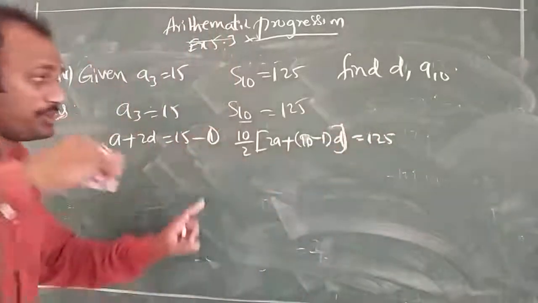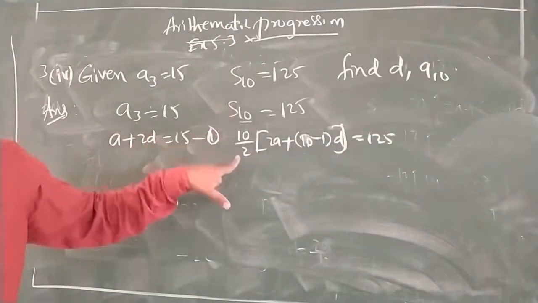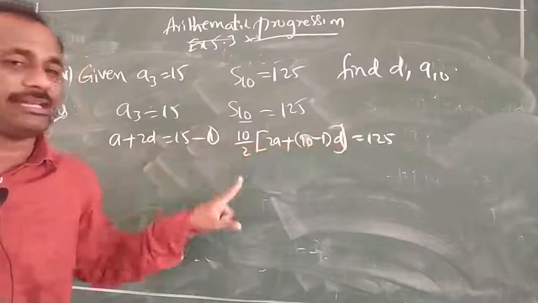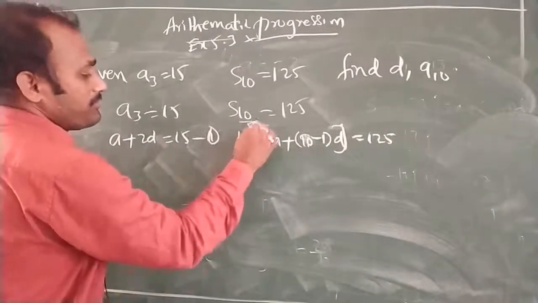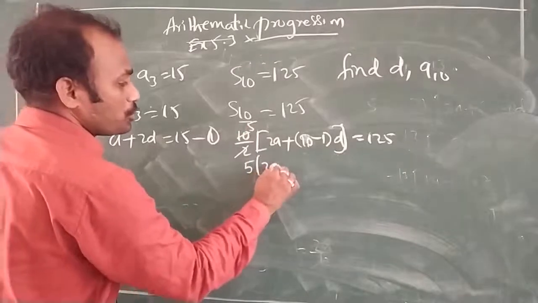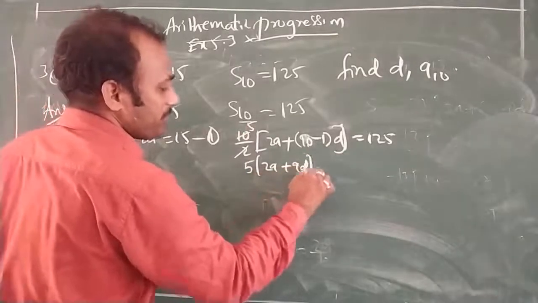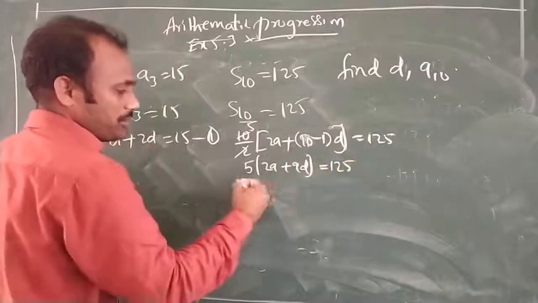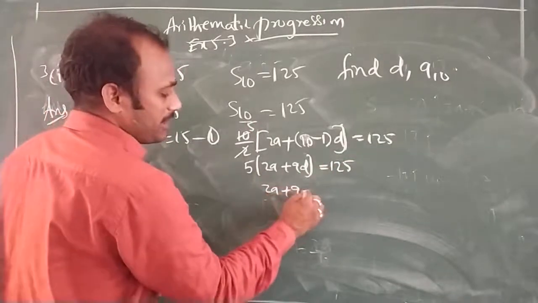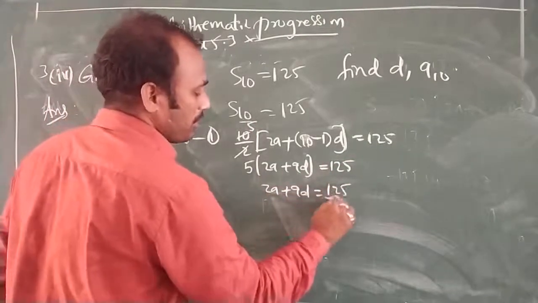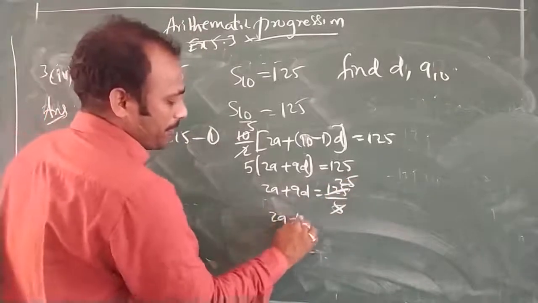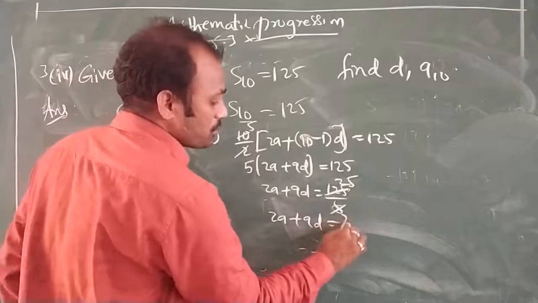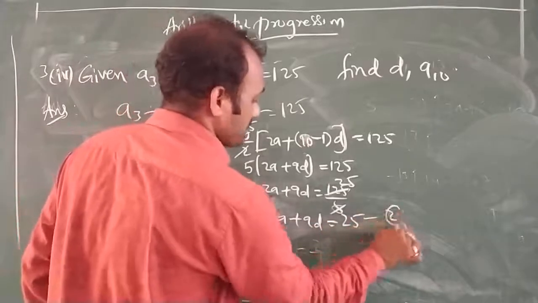I am substituting the value of N only, because I don't know A and D. So 2 fives are 10, it will become 5 into 2A plus 9D is equal to 125. So 2A plus 9D is equal to 125 divided by 5, that is 2A plus 9D is equal to 25. Mark it as second equation.